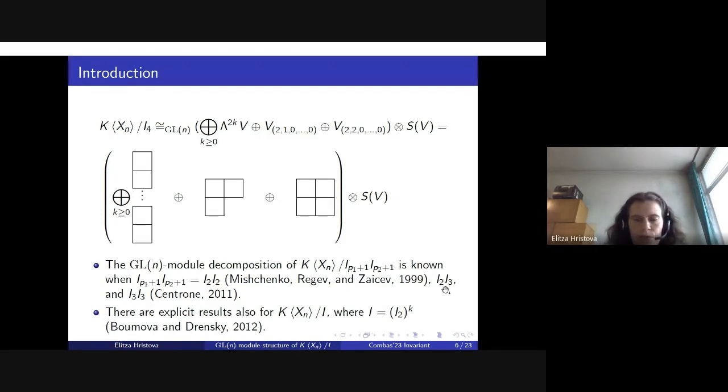And there are also two other known cases, which are given by Centrone in 2011. And Bumova and Drensky have given some explicit results for the kth power of the usual commutator ideal.